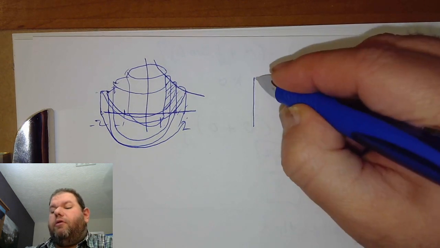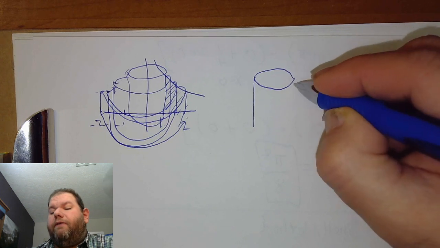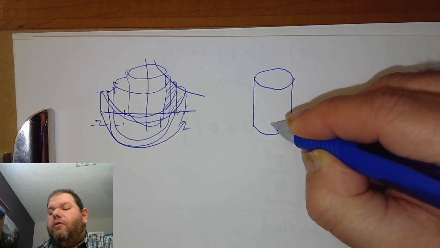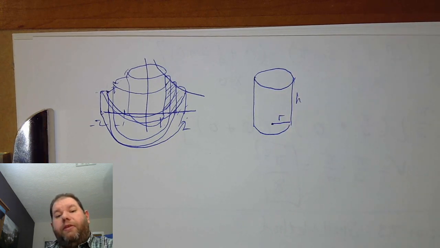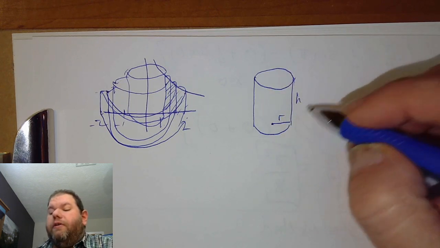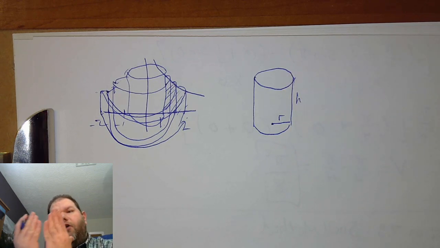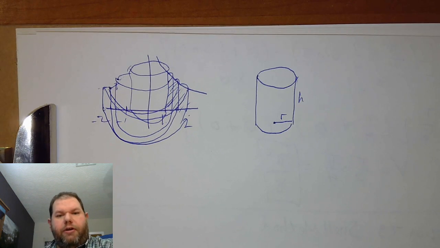So if we look at a cylindrical shell, just one shell by itself, we know we have to worry about the radius and the height. And again, this is empty inside, so we don't want the volume inside. We just want this outer edge area, what we call the lateral area of the cylinder.